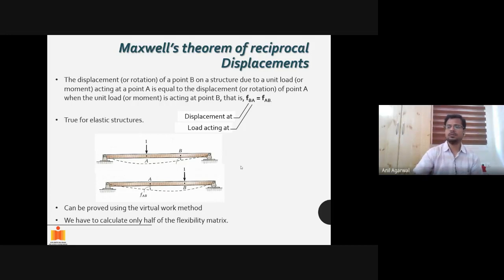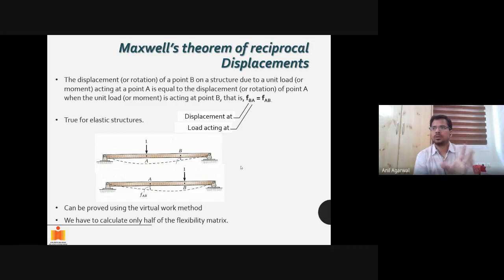This can often be used in conditions where you cannot measure certain displacements, or if you don't want to repeat the work, you can simply use this. Another advantage in this method is that you don't have to solve the entire flexibility matrix.